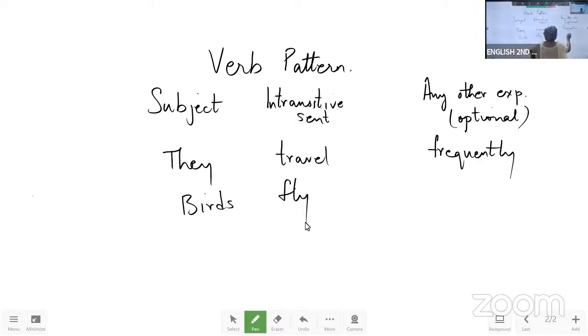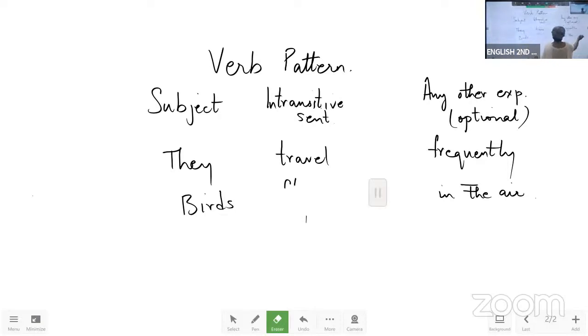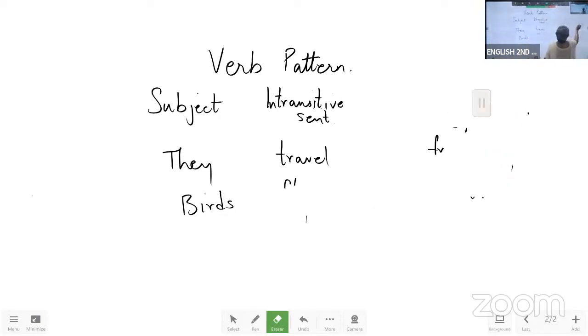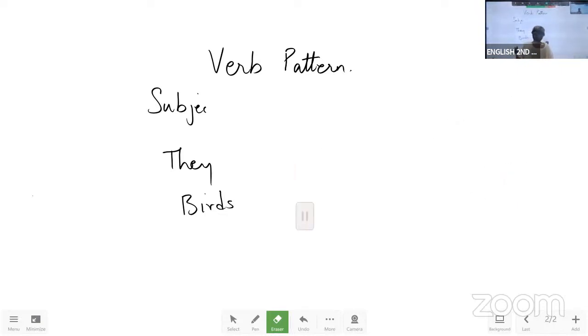You can either put a dash there or you can say they fly in the air. Again, air is not an object. You can just put a dash there because very clearly they say it's optional. So I hope, children, you all are understanding the verb patterns. I'll give you some more examples.